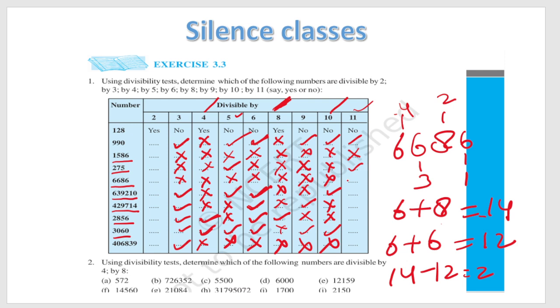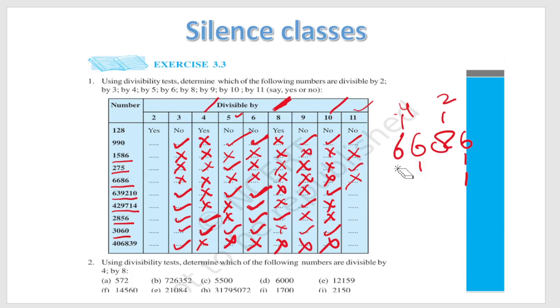So this number is also not divisible by 11. First of all, we add the sum of the digits, then we subtract them.